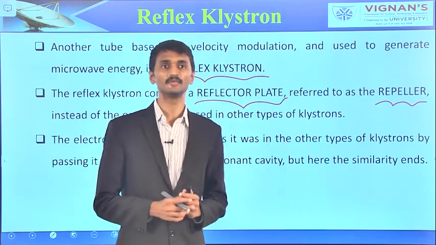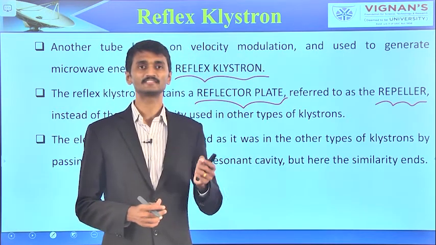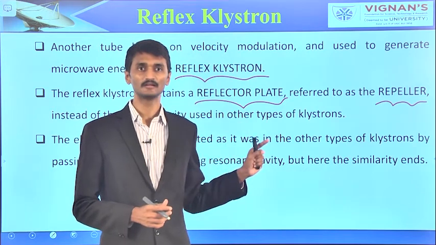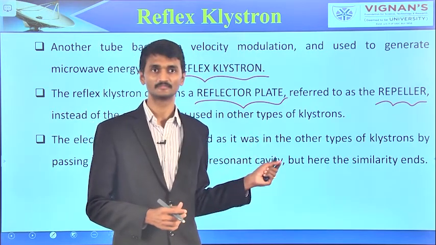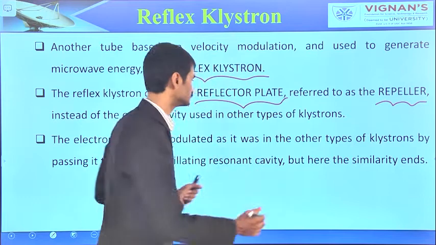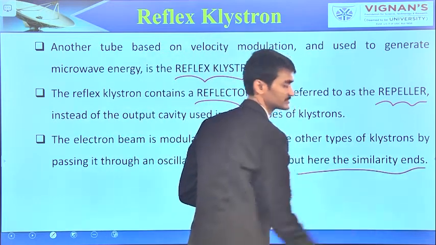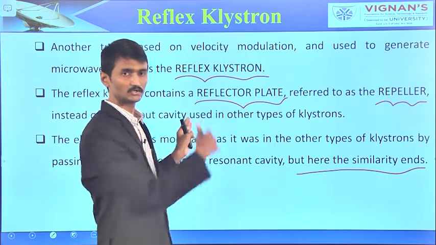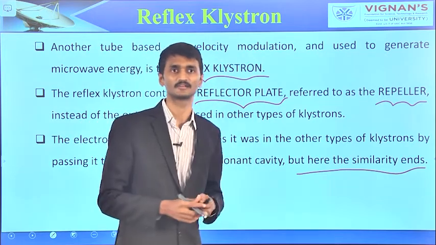Next, the electron beam is modulated, as in the other types of klystrons, by passing it through an oscillating resonant cavity. But here the similarity ends. Up to this point the operation is similar in the two cavity klystron and the reflex klystron.